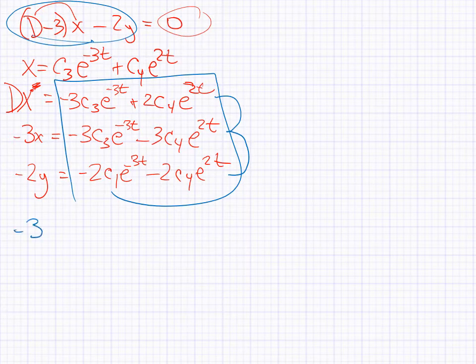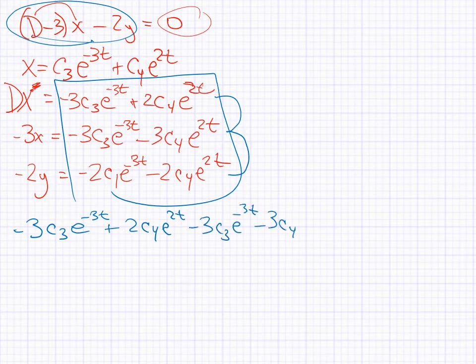So negative 3c3 e to the negative 3t plus 2c4 e to the 2t minus 3c3 e to the negative 3t minus 3c4 e to the 2t minus 2c1 e to the negative 3t minus 2c4 e to the 2t. That should all equal 0.